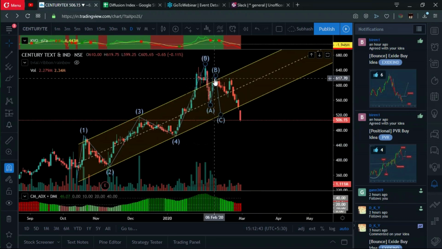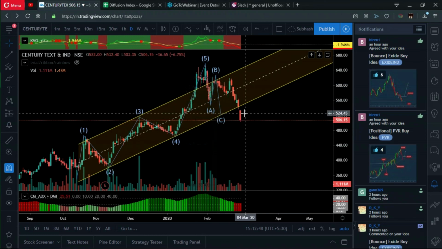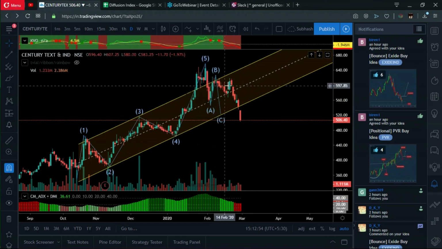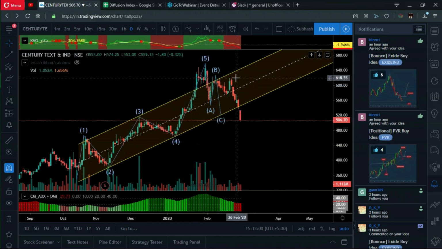Same here. The C is calculated based on the size of A, it has gone down. By the way, B here is a very complex correction. It has not gone down slowly. It has gone sideways. Then it started dropping here.